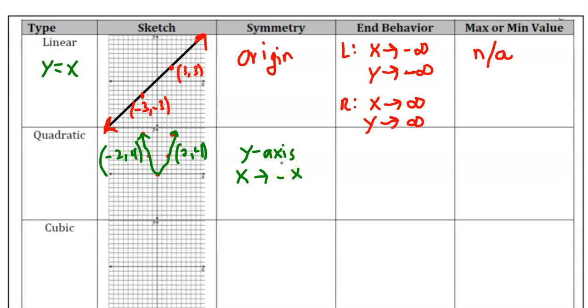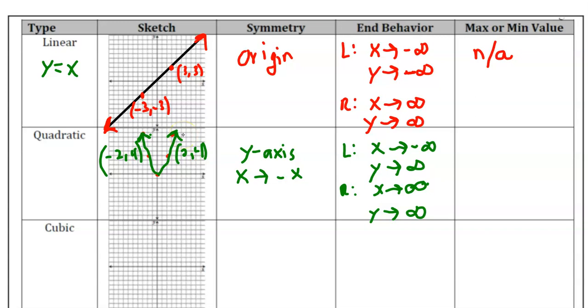Okay? And our left side behavior, so again, left is always x approaches negative infinity. Well, y is approaching positive infinity because it's going up right here. On the right side, which is always x approaches positive infinity, then y also approaches positive infinity because it's going up here as well.